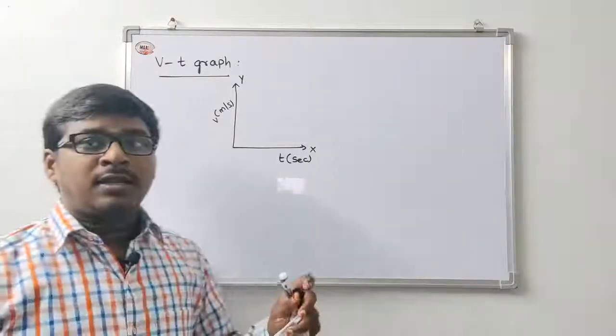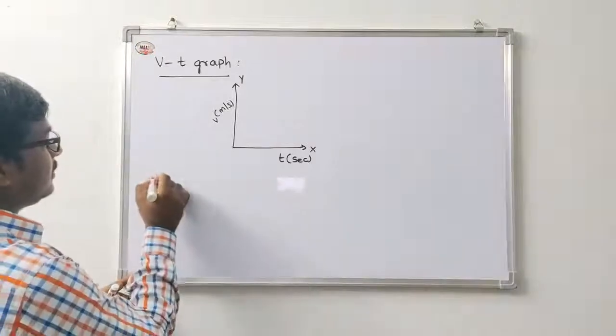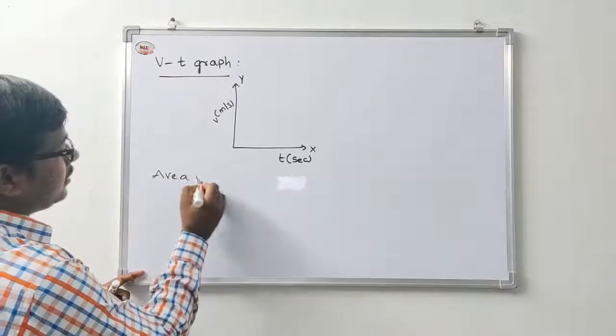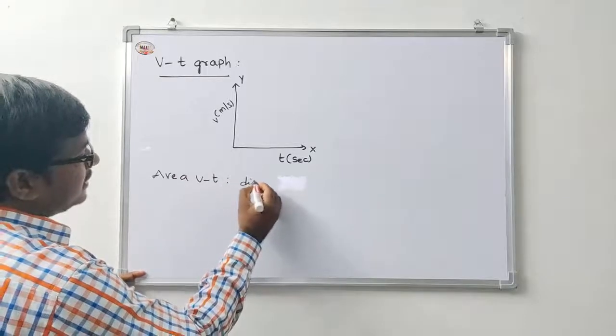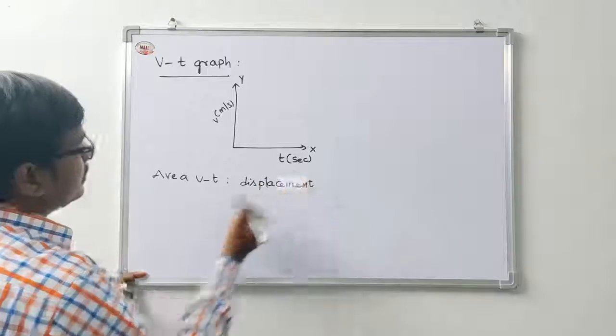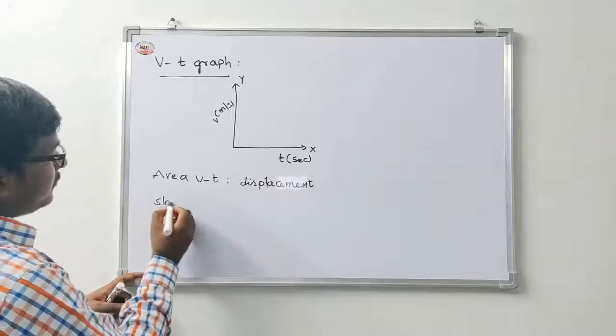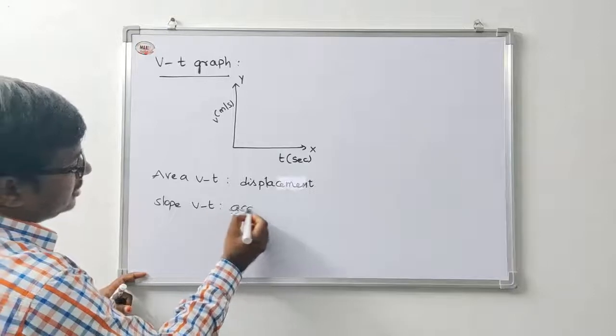The area under the velocity time graph is displacement. The slope of the velocity time graph is acceleration.